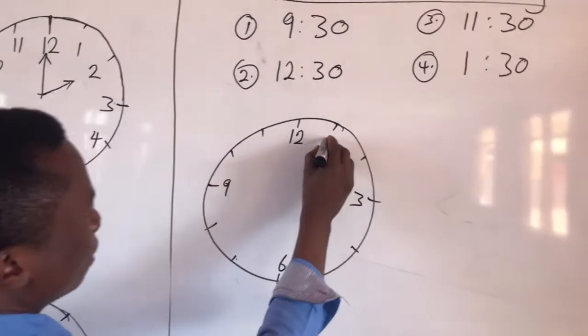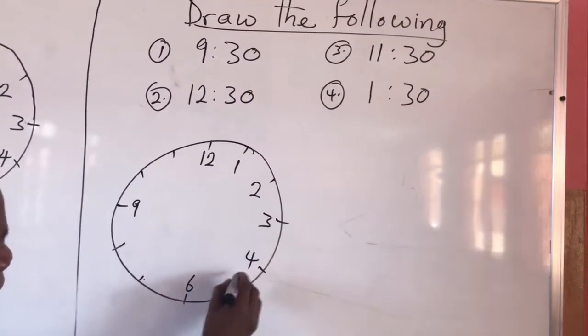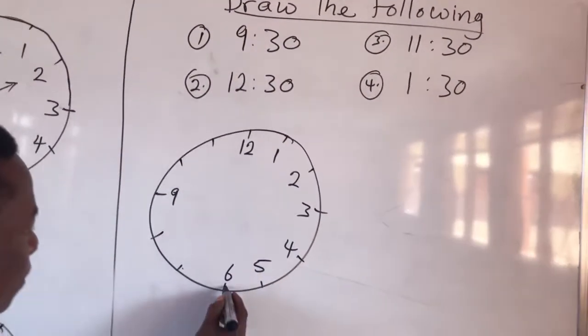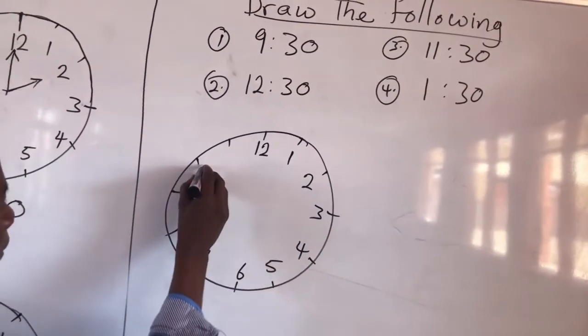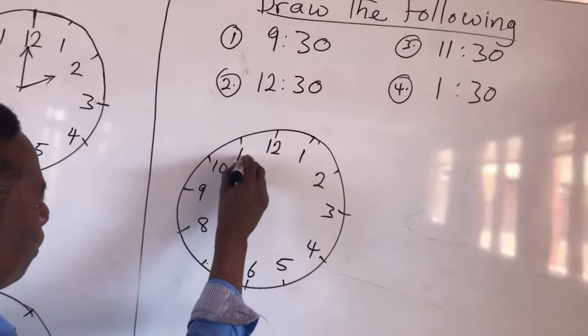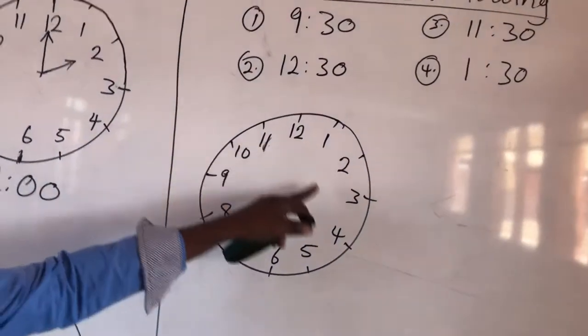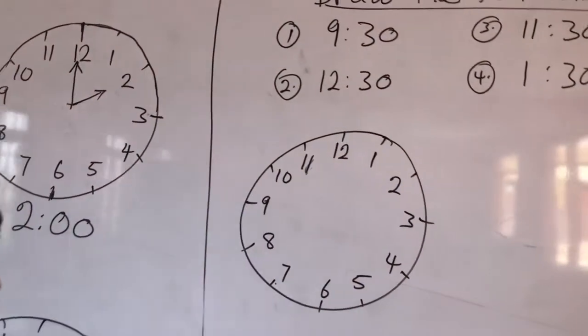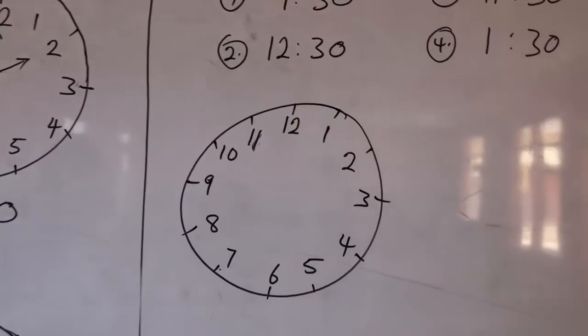Then you write your figures. 1, 2, 3, 4, 5, 6, 7, 8, 9, 10, 11. When you write the 12, 3, 6, 9 first, it makes the circle divide into equal parts.